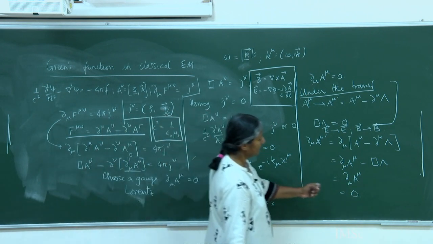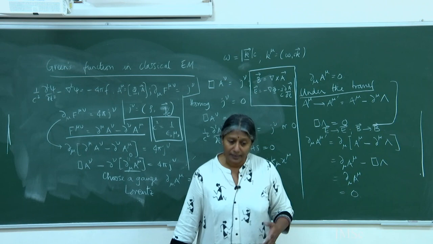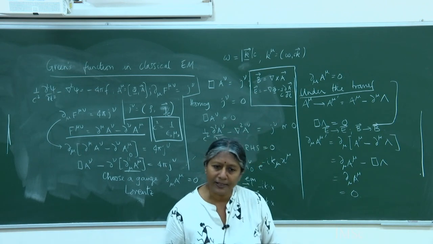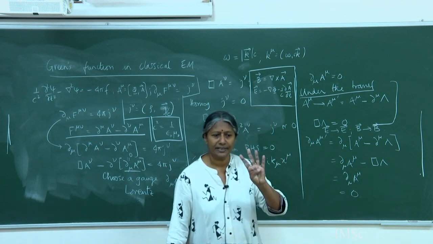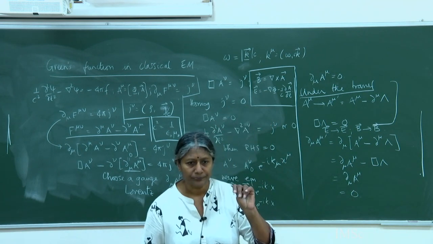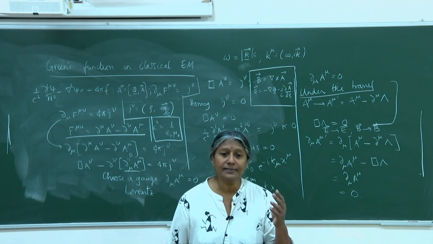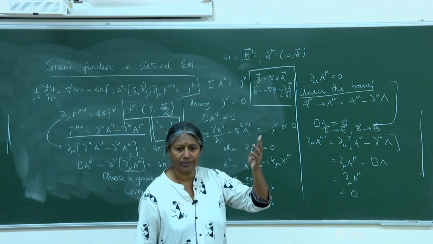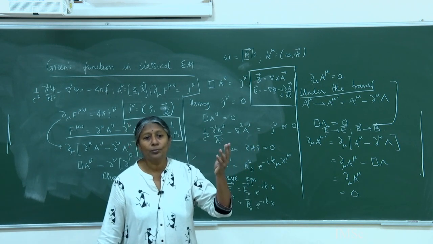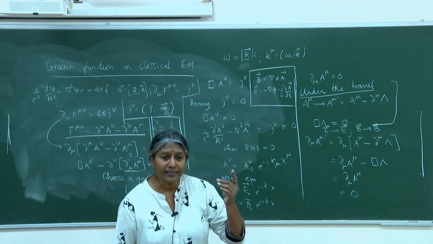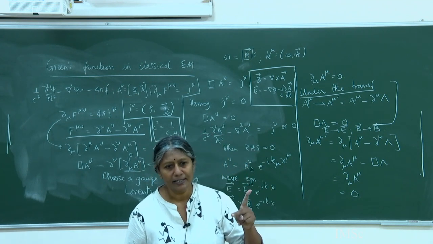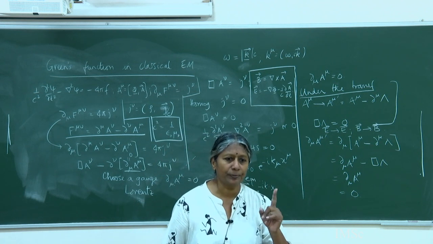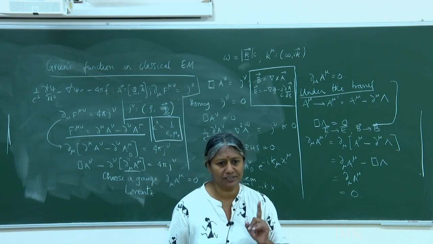You can see the gauge condition is also satisfied, and physically, we will see later why we need this condition. It is the following: A mu has 4 components, A0, A1, A2, A3. But I want to then relate this A mu, and I will do it in quantum field theory, to the electromagnetic field. But the electromagnetic field, we know, is a transverse field, massless, and it has only 2 degrees of freedom because it has only 2 transverse polarization states.